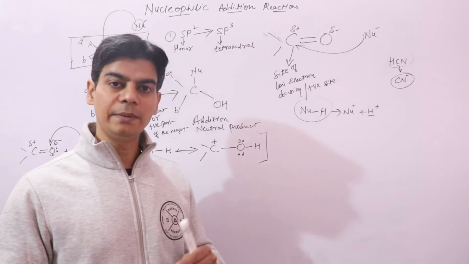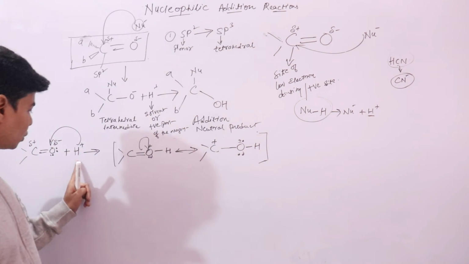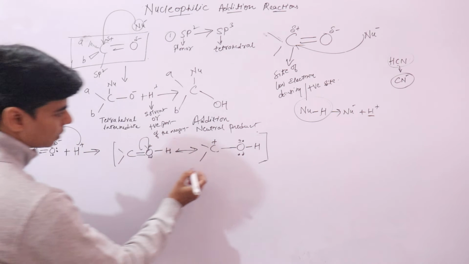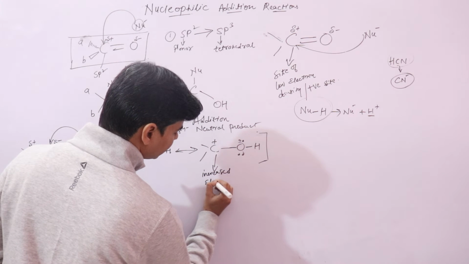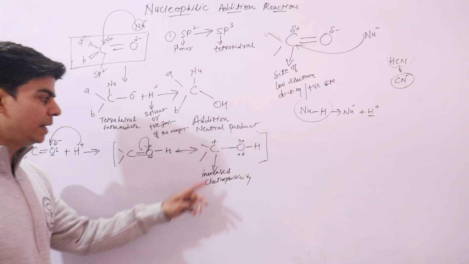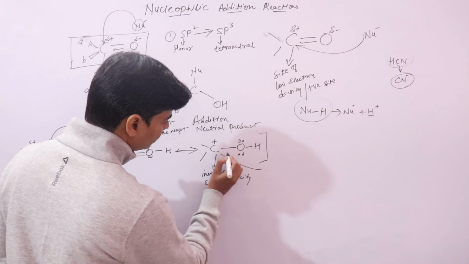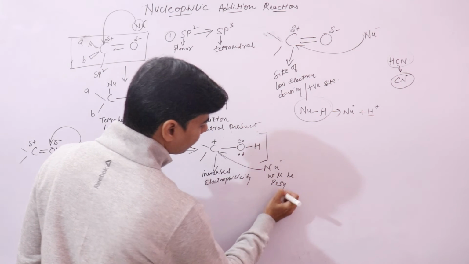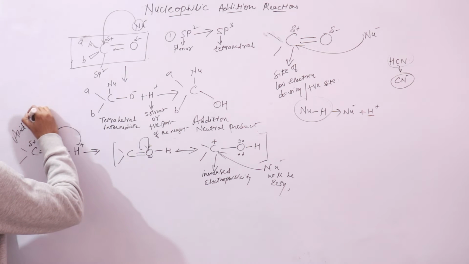So this attack can be eased by using an acid catalyst, because an acid catalyst contains a proton which makes this more electrophilic. It has increased the electrophilicity, or made this carbon more positive. Now the attack of the nucleophile will be easy.